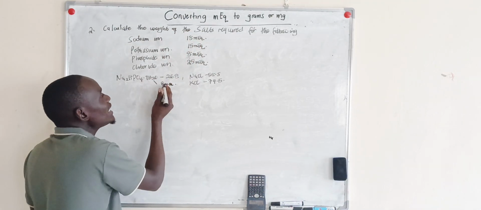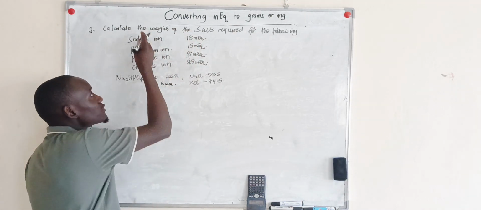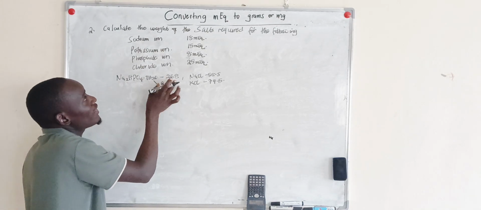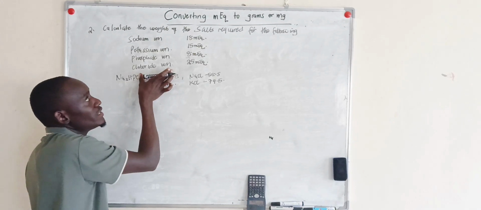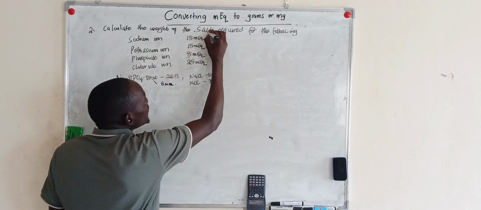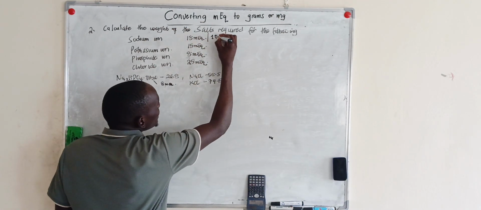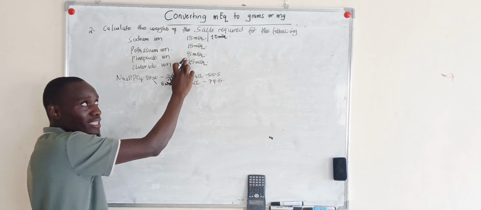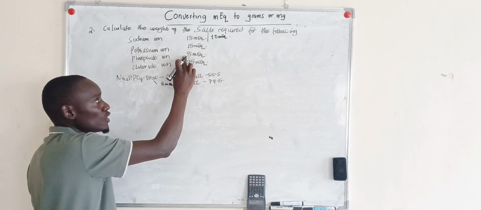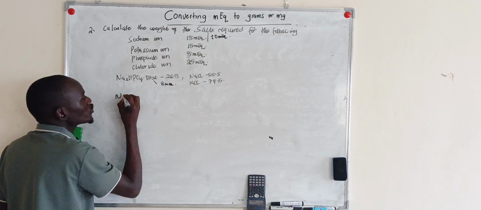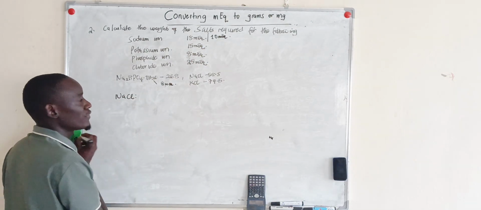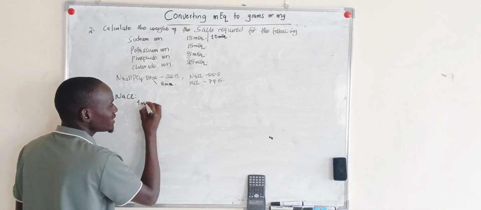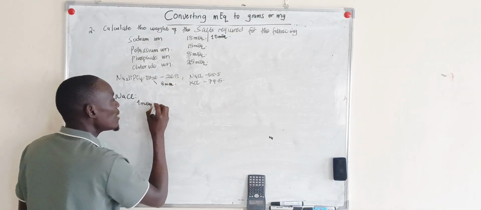So 8 milliequivalents is for sodium, which is combining with the hydrogen phosphate, and the balance will be for the chloride. So in this case, we are going to have sodium as 10 milliequivalents, because already the 8 has gone with the phosphate ion.